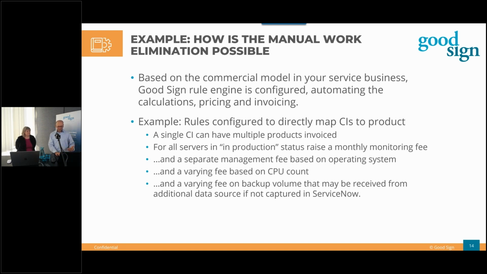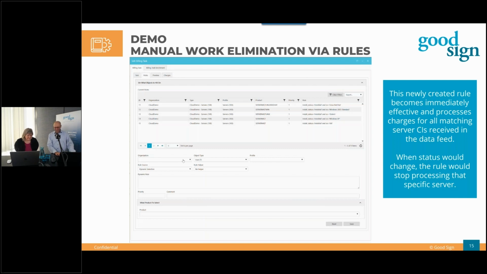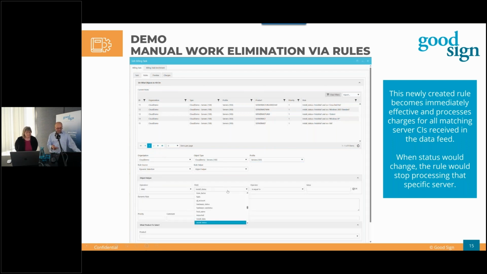Basically, when we configure the rule engine, we say which organizations we check. We make the rule engine check all the servers. There are certain details in there. You can go in and check all the metadata, so it knows, for instance, all the metadata in the configuration item, and then you can start putting in logical steps.